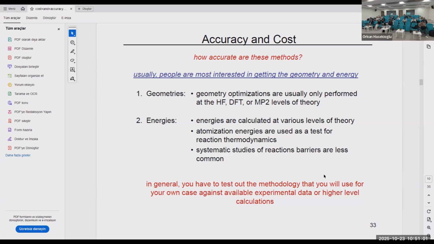Energies are calculated at various levels of theory. After you optimize the geometry, atomization energies are used as a test for reaction thermodynamics, and systematic studies of reaction barriers are less common. In general, you have to test out the methodology that you will use for your own case against experimental data or higher level quantum mechanical calculations.